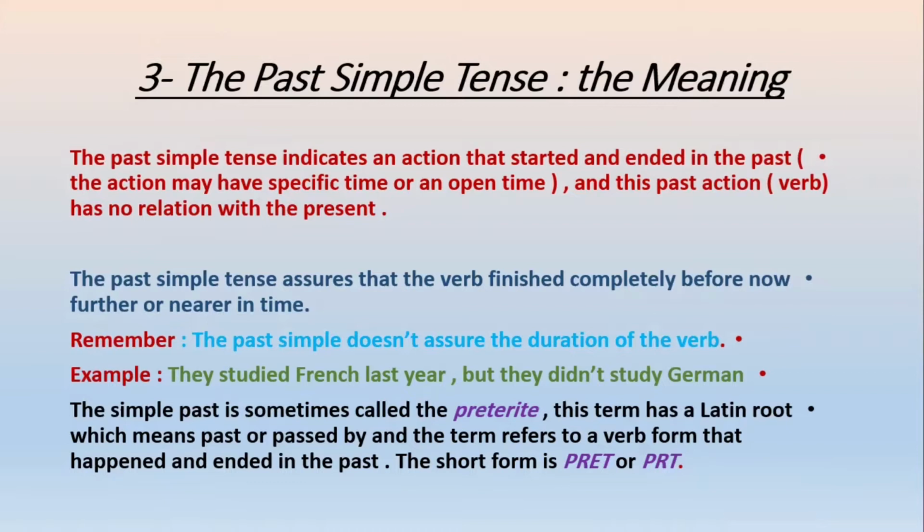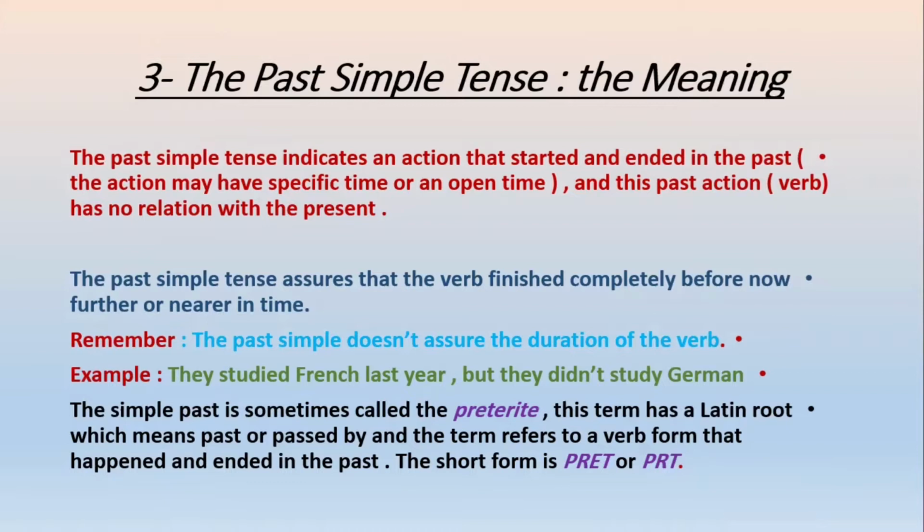And so we can say the past simple tense assures that the verb finished completely before now, nearer or further in time, whether it's a near past or a further past. So again, the simple past does not assure the duration. Duration, what do you mean by the duration? How long the verb takes? It doesn't assure the duration.